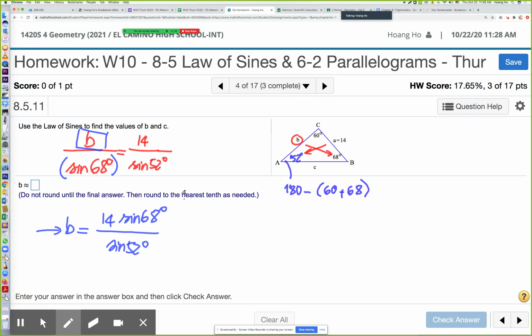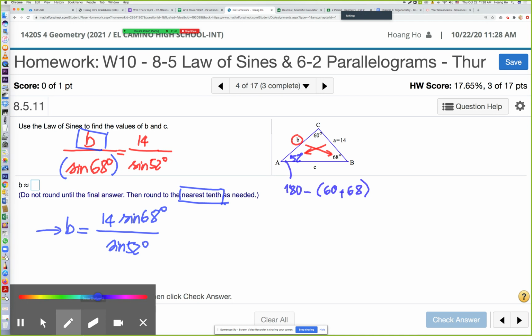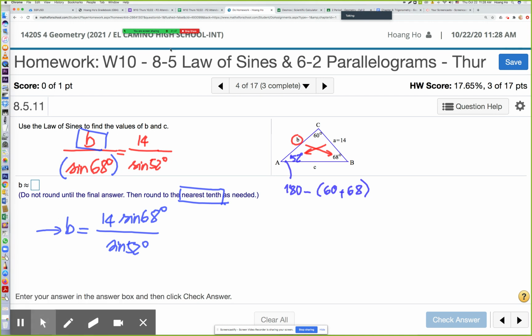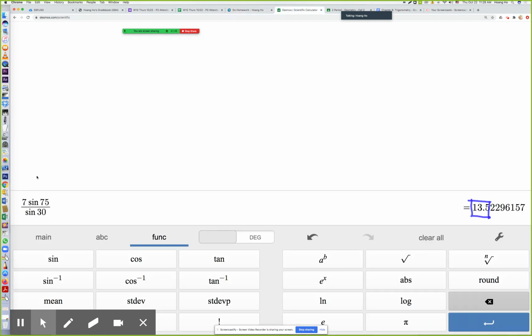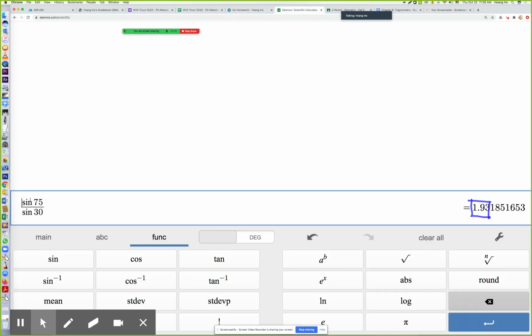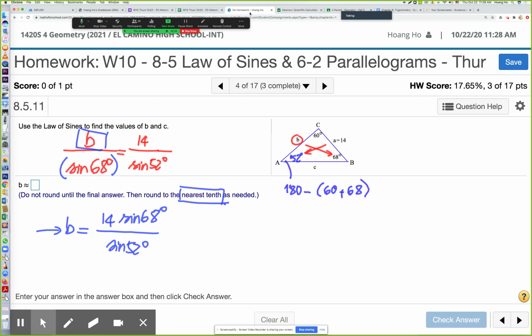They want the answer to the nearest tenth, which means one decimal. So let's go to the calculator over here: 14 times sine 68 over sine 52. I just change this one to 14, 68, and 52.